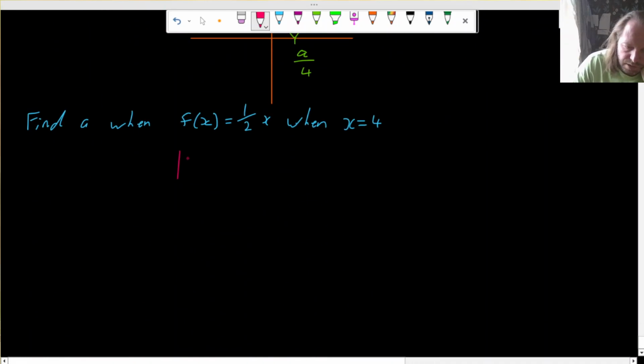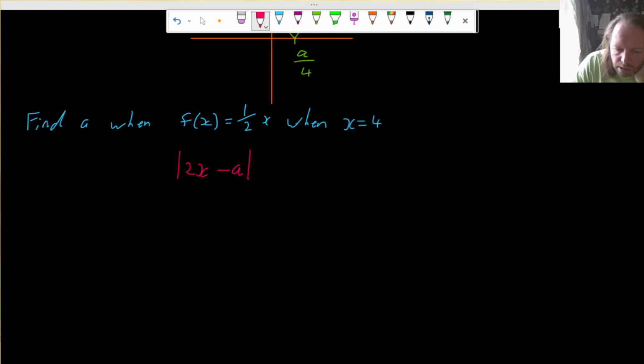So we have the modulus of 2x minus a equals a half x when x equals 4. So we can put in the modulus of 8, 2 times 4, minus a equals a half of 4, which is 2.